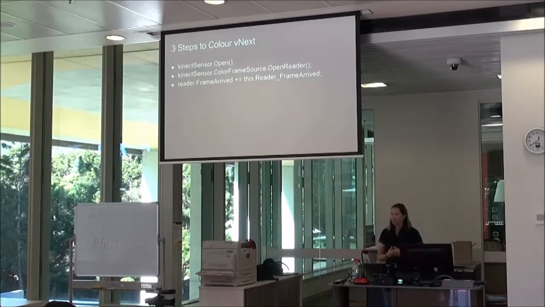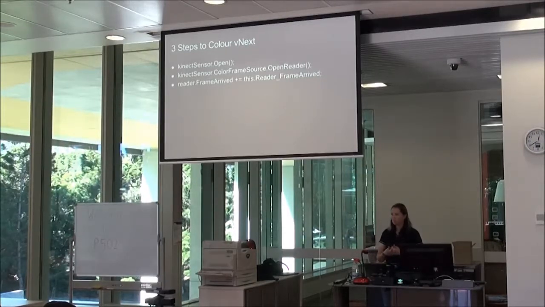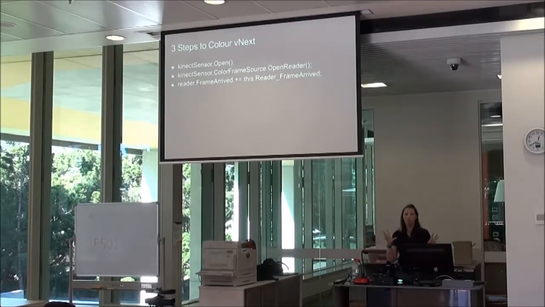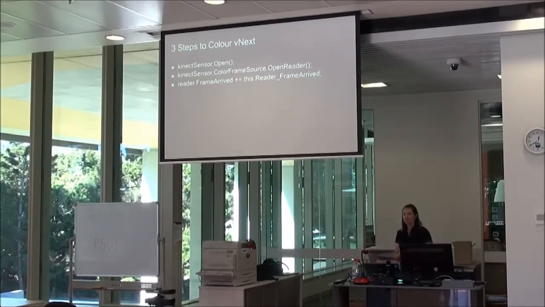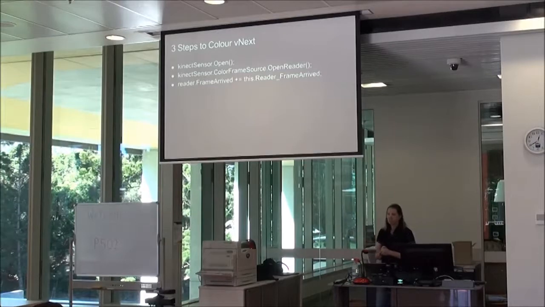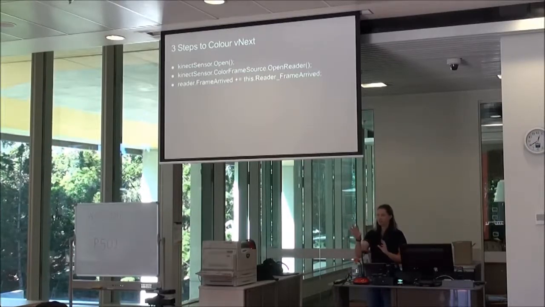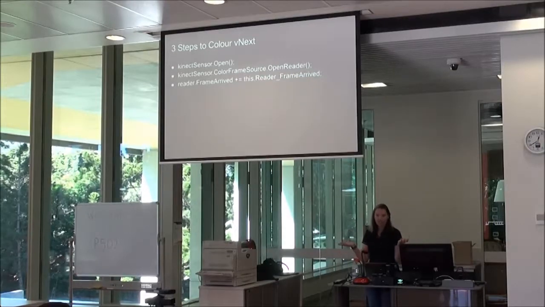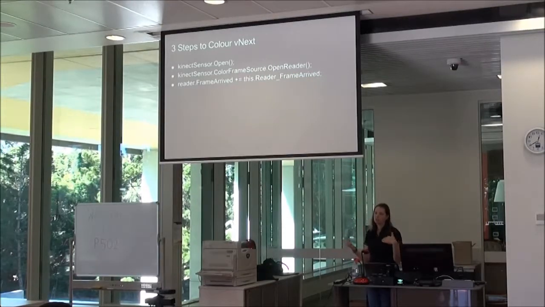I don't know how many people are devs here, but I'll show you some bits of code to show you how easy it is to hook some of this stuff up. So we have the concept of the sensors. We tell the sensor to start. We tell it which sources we want to listen to.